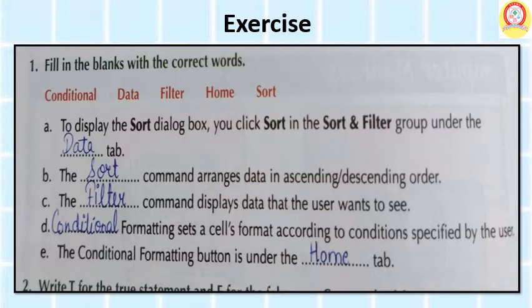C. The dash command displays the data that the user wants to see. Filter command. D. Dash formatting sets a cell's format according to conditions specified by the user. Conditional formatting. E. The Conditional Formatting button is under the dash tab. Under the Home tab.